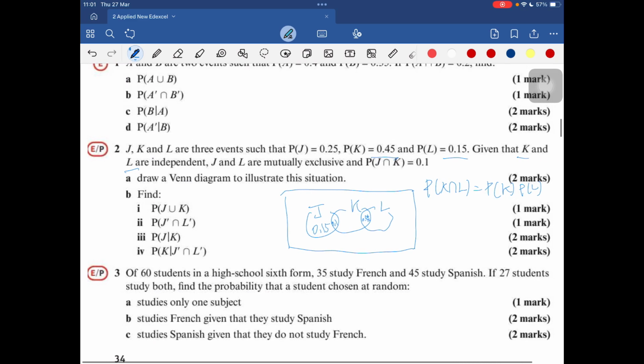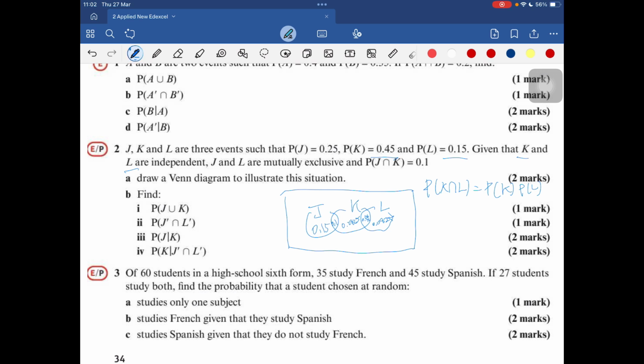So L only could be 0.15 minus 0.0675, 0.0825, and K is 0.45 minus 0.1 minus 0.0675. So this is like a pure K, 0.2825. Now we can find the exterior part.